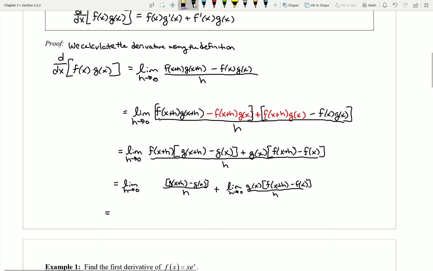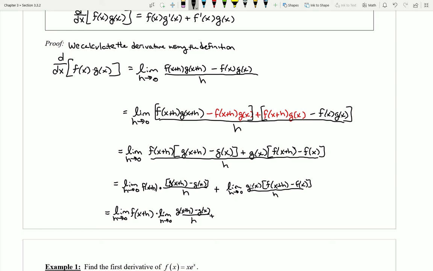I could just have f of x plus h being multiplied to what I have here. And if I have a limit of two things multiplied, I can just take the limit of each piece. So f of x plus h, and then my limit here of g of x plus h minus g of x over h.